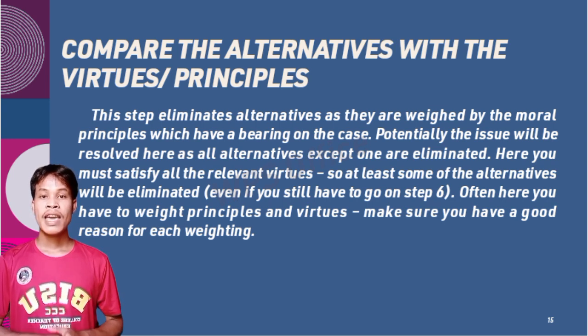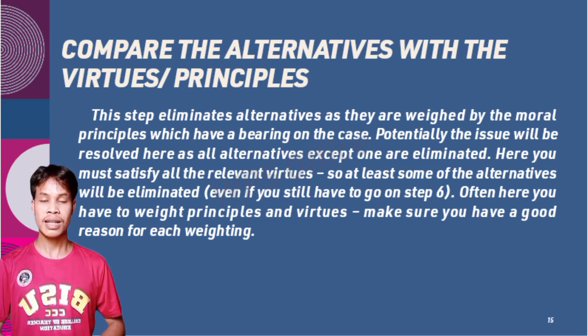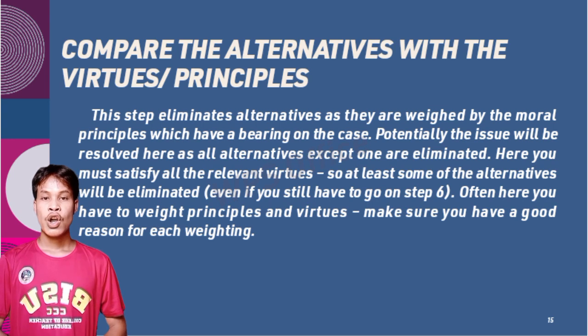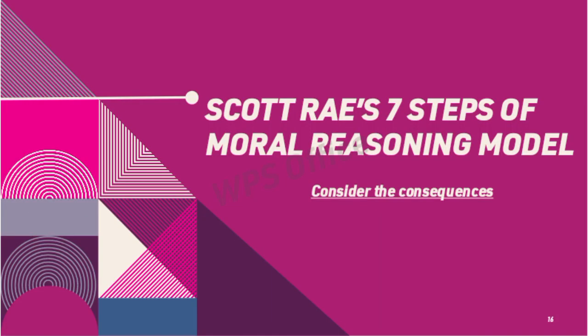For example, if honesty conflicts with the principle of preserving confidentiality, the individual would need to weigh the importance of each principle and determine which one should take precedence. Overall, the purpose of the step is to ensure that the chosen course of action aligns with ethical principles and values, and promotes the greatest overall good while minimizing harm.